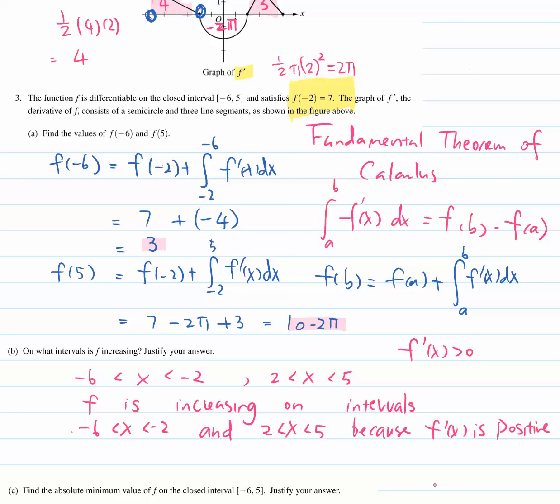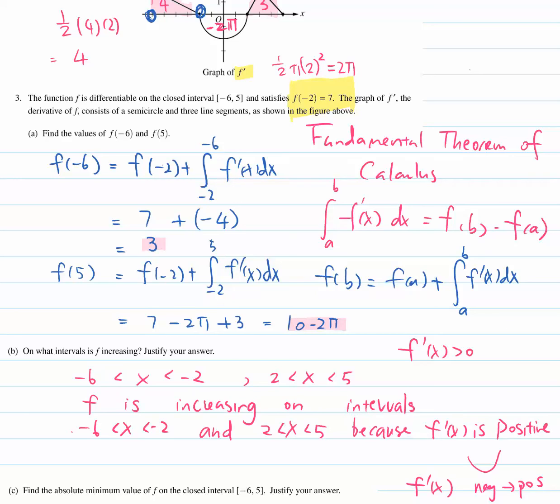And to find this, we only have to know where f prime of x goes from negative to positive. In other words, f of x goes from decreasing to increasing, so we can have a curve like this.